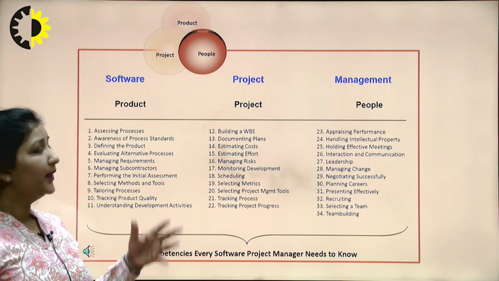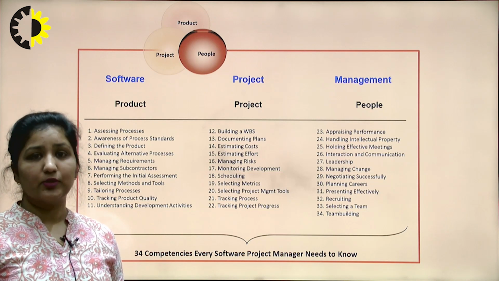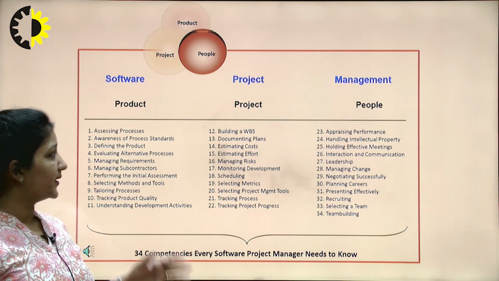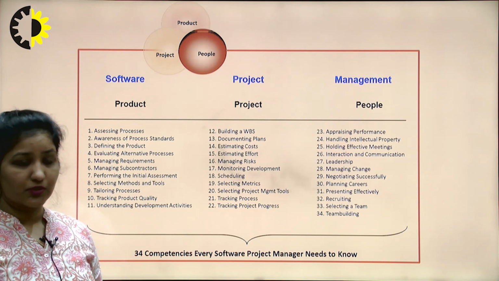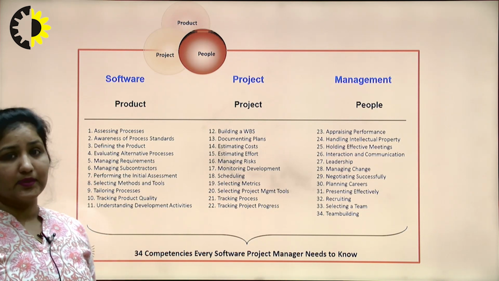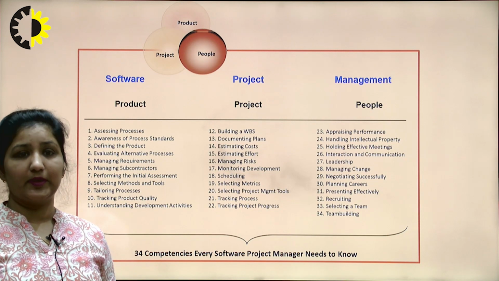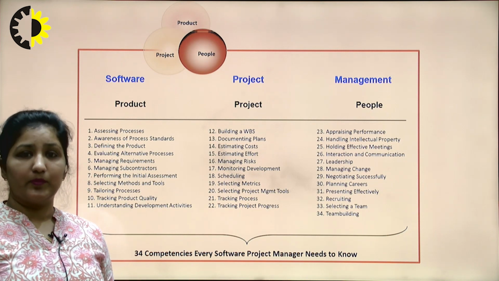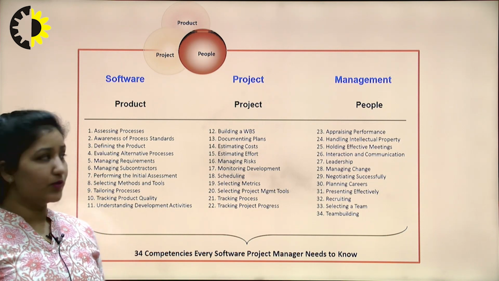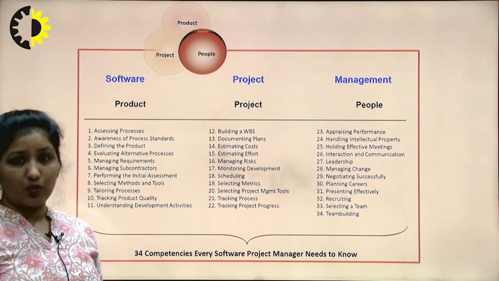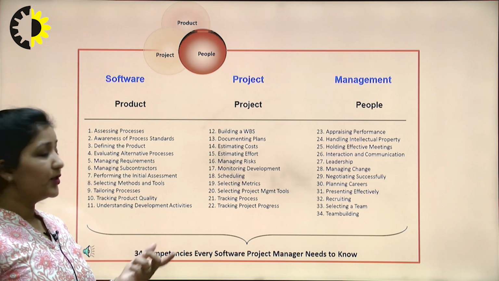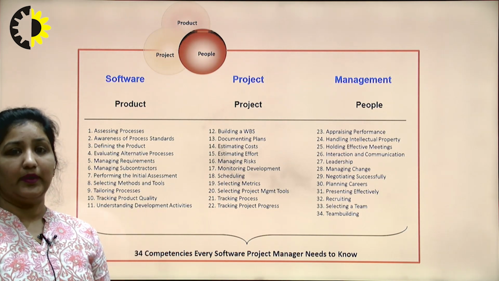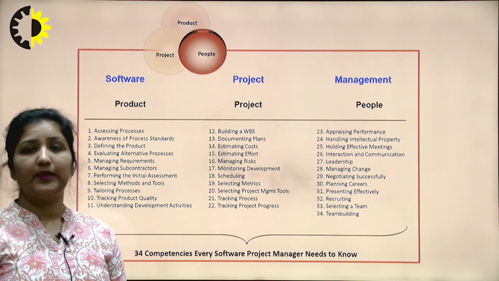Now similarly, if I want to compute the competencies of a project, the project has things like building a WBS. WBS stands for work breakdown structure. Documenting the plans, that is how and when we will be delivering the project, whether we will give it in module form or so. Estimating the cost. Similarly, we need to estimate the effort as well. Managing the risk, because if we are developing any project, then certainly some risks are involved.